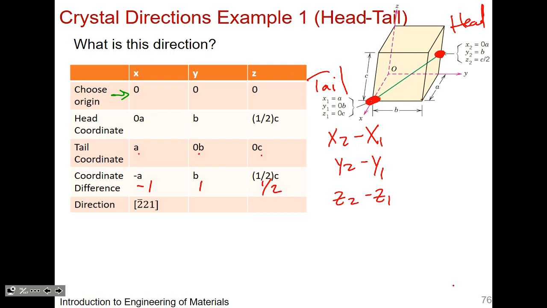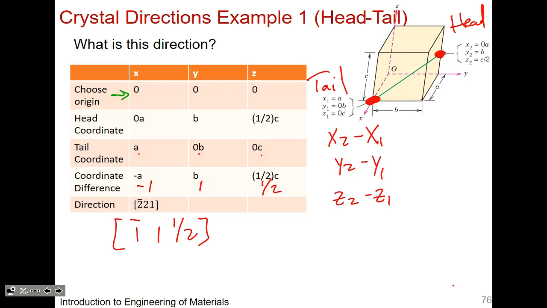At this point, you would not write this. This is not the convention. The convention is to always express it in terms of integers. So the example before was pretty easy, right? Ones and zeros. But here, now you're dealing with fractions, so you have to convert everything into integers.